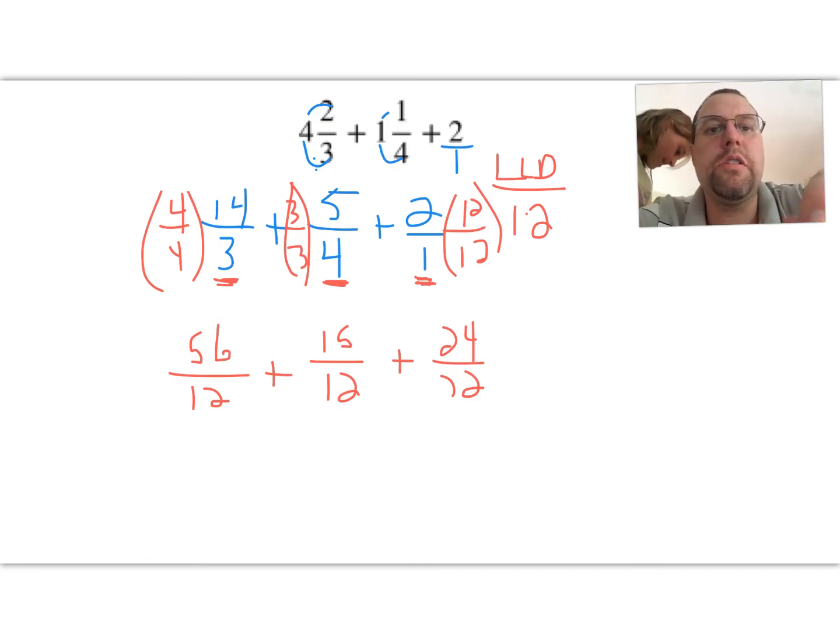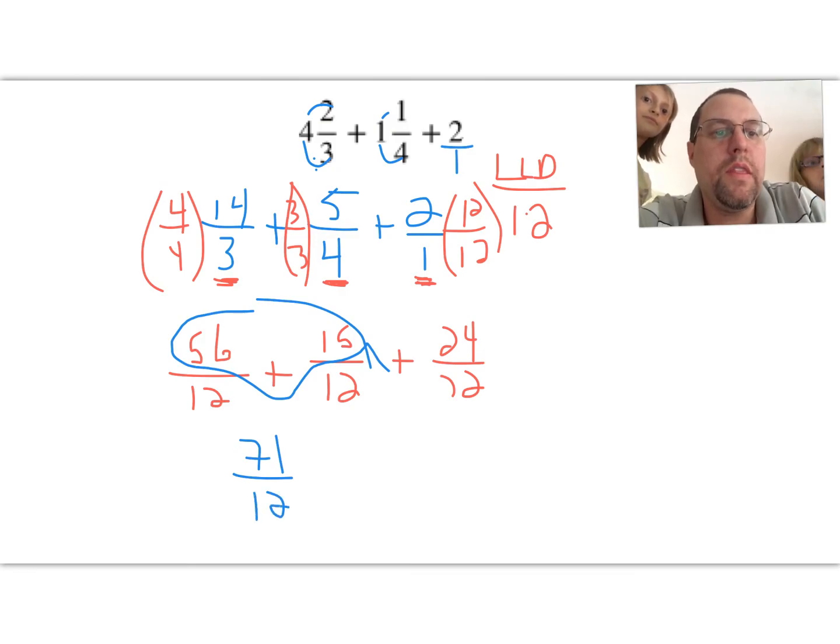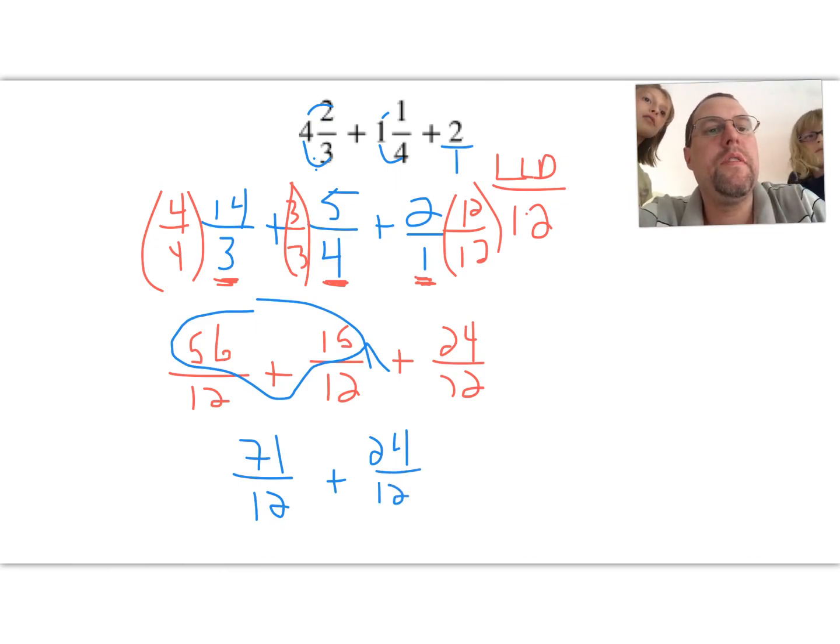So let's go across the top. Let's start adding this. All pluses, which is nice. So let's do the 56 plus 15. That's going to be 71 over 12 plus 24 over 12. Now we add these together.